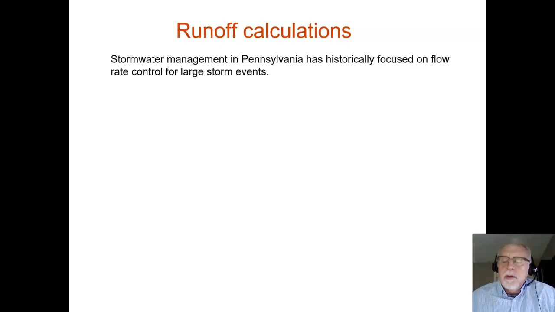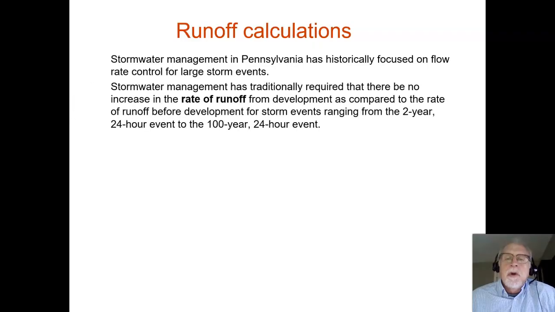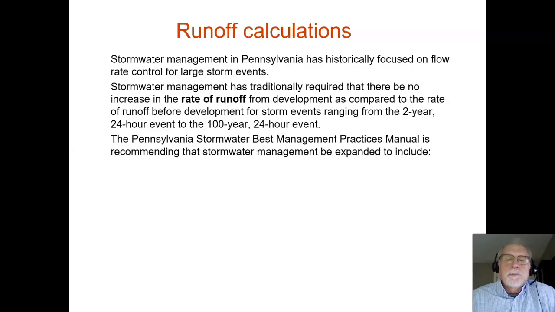I think I put this in the syllabus, specifically from the Pennsylvania BMP manual, but this is general: the tradition is that there would be no increase in the rate of runoff, that's the peak flow, after development. But now we're moving to the volume of flow as well.